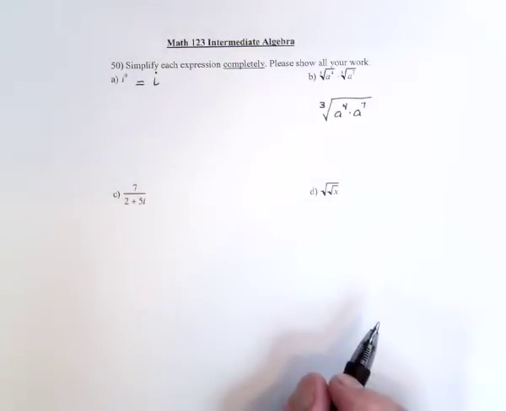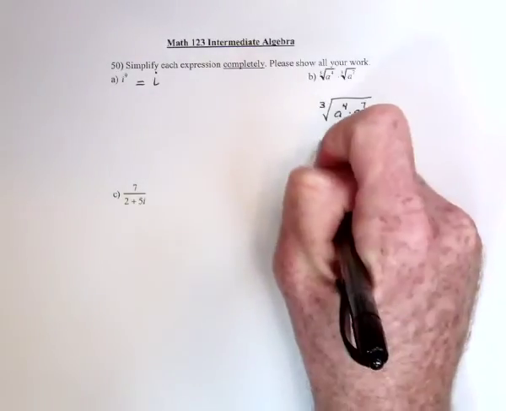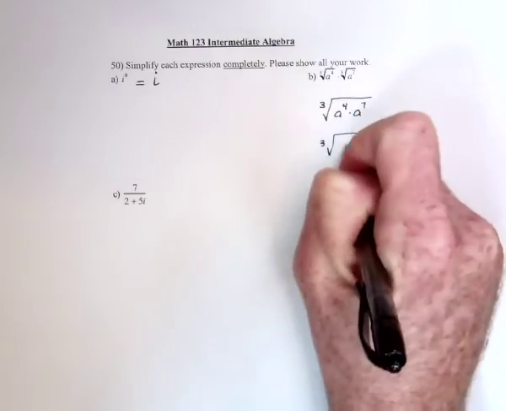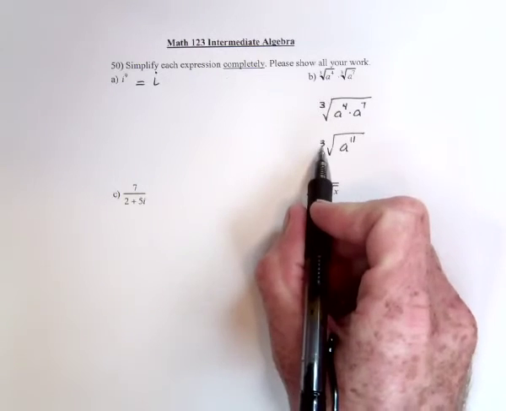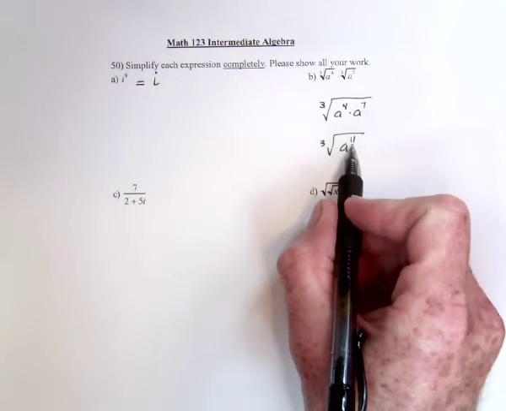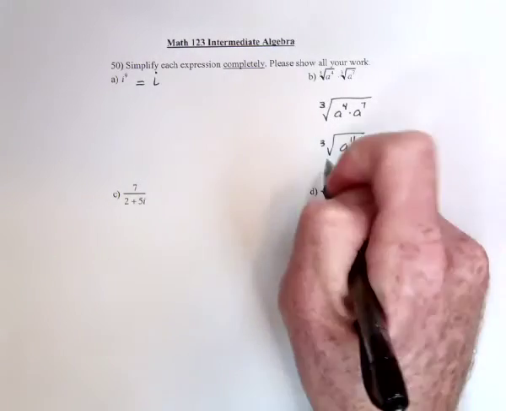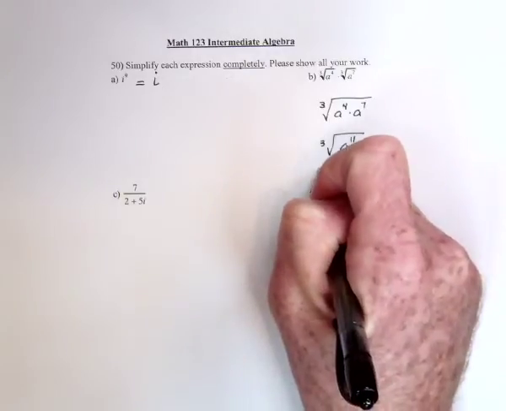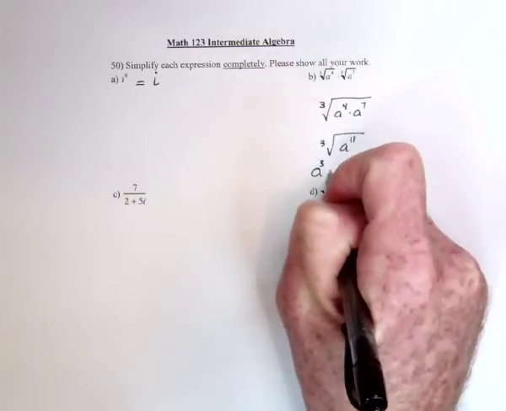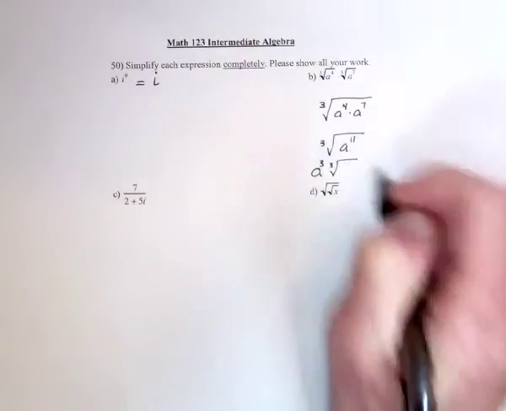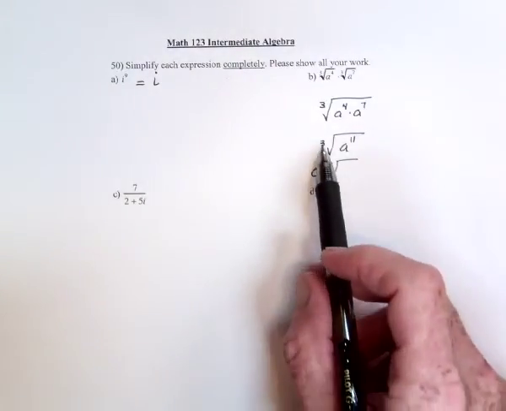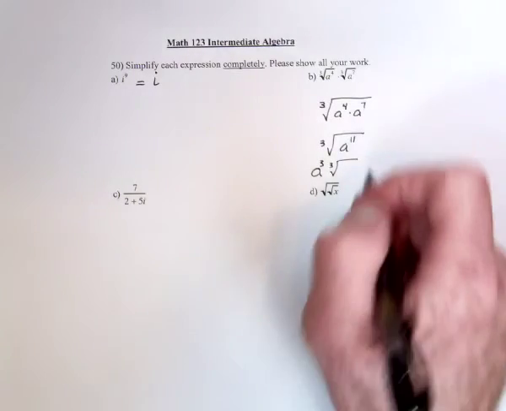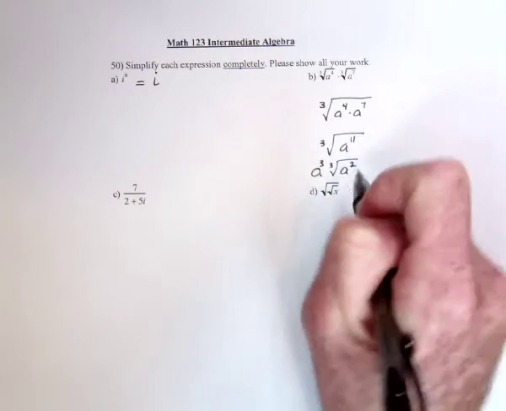So you can make it one cube root, and then that's going to be the cube root of a to the 11, and then just do the dividing idea. 3 divides into 11, let's see, it's 3 times. So that means a cubed on the outside. And if I had 3 of them, 3 times 3 is 9, so the remainder is 2. So 2 of them remain inside.